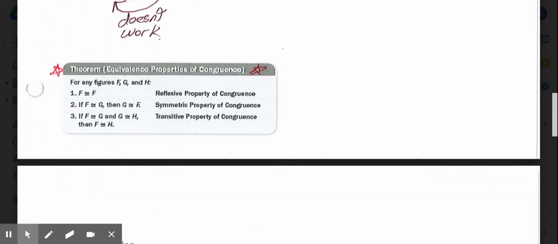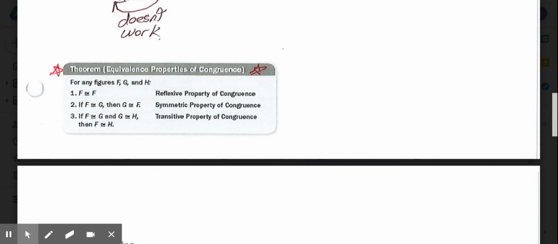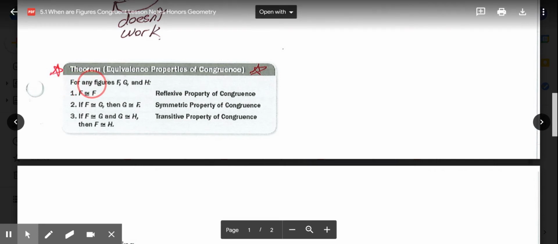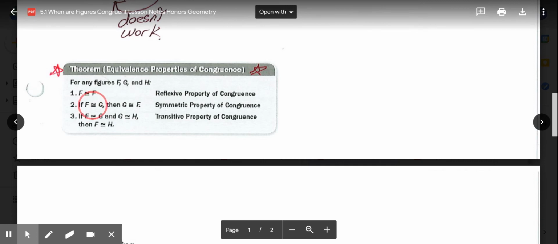So then, this little box summarizes a few important properties of congruence. For any figures F, G, and H, so if we have three random figures, F is always congruent to itself, G is congruent to itself, H is congruent to itself, so we have a reflexive property of congruence. We also have the symmetric property of congruence, which allows us to flip order.